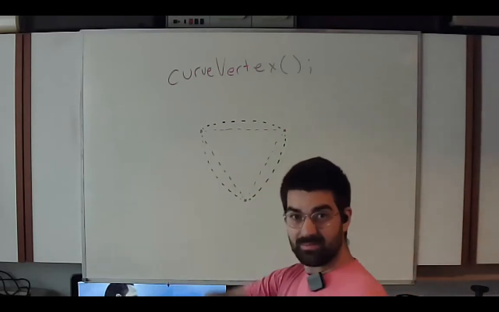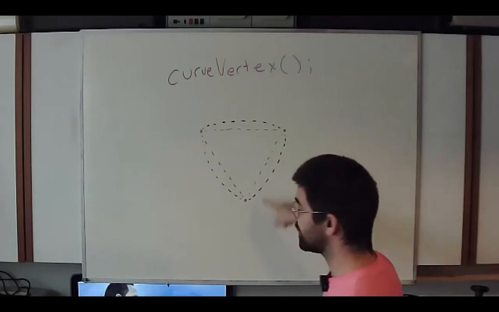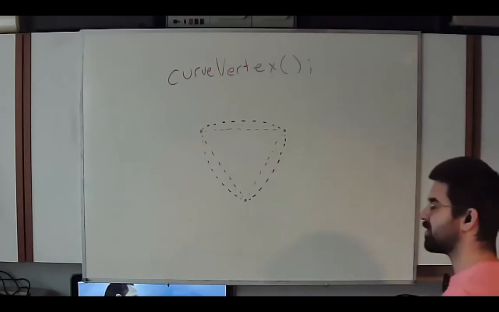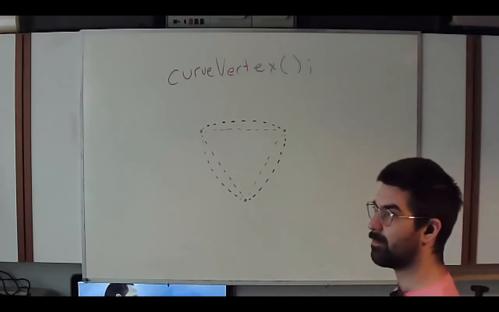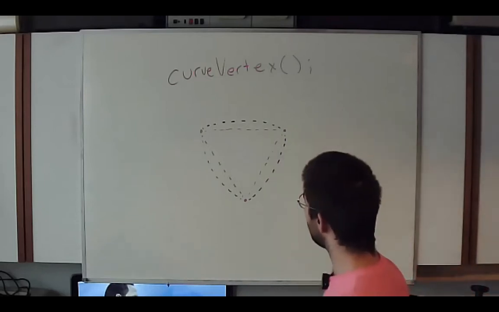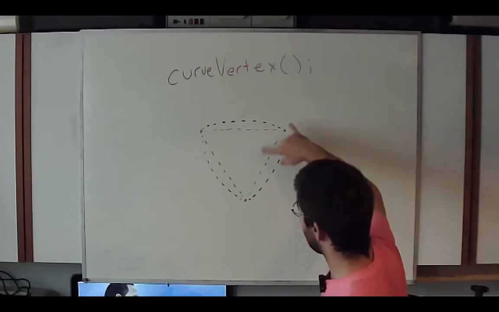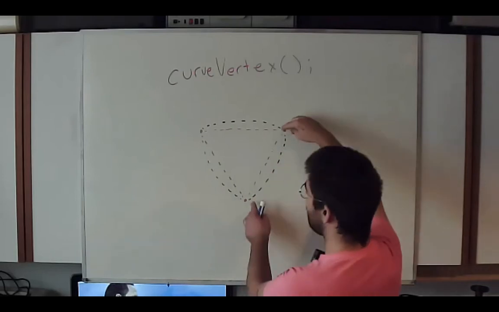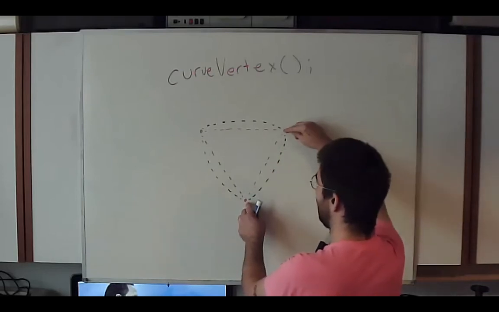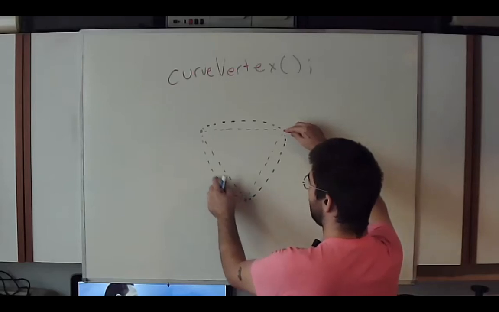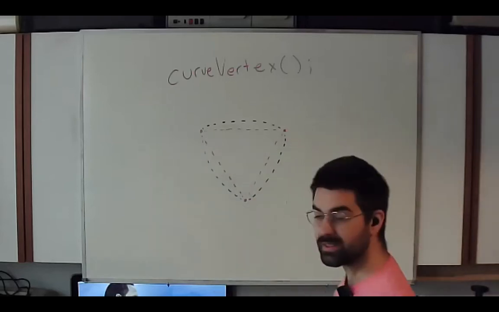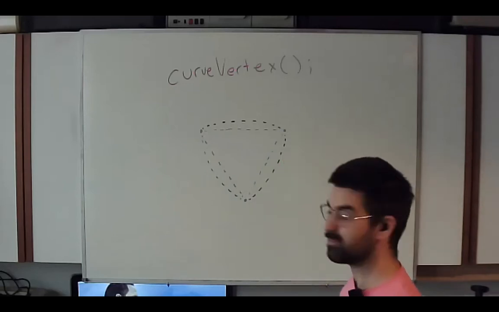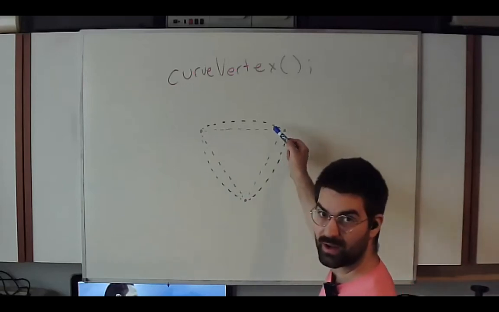And this is actually a quick tangent. This is an interesting type of shape. I think it's called a Reuleaux curve. But specifically, if you take a compass and you draw a line of equal length from here to here, and then you trace on your compass to this other point, what that means is that every point on this line is an equal distance from this corner of the triangle.